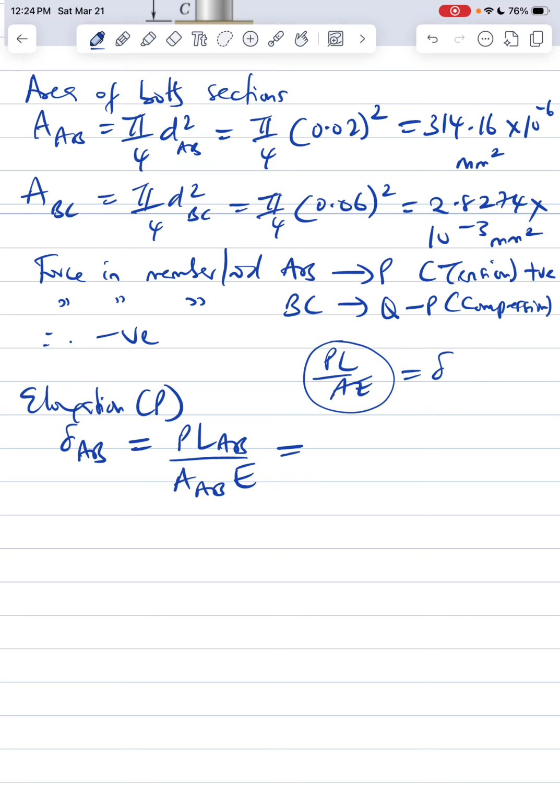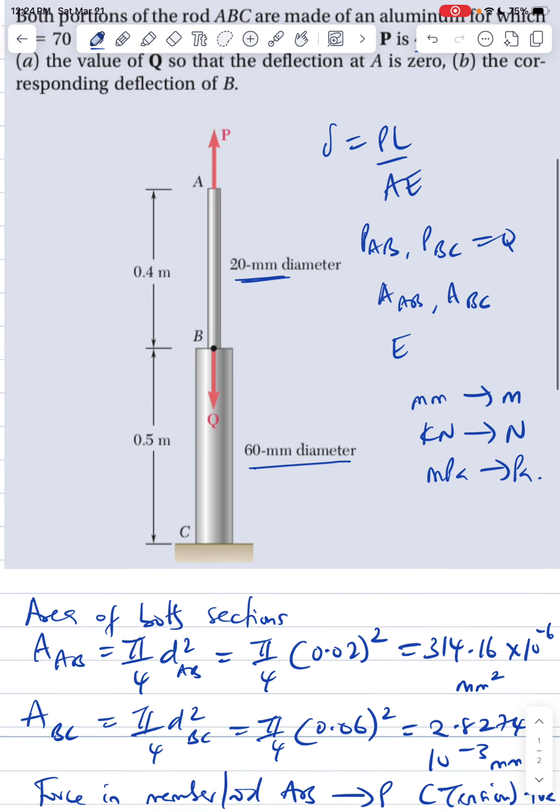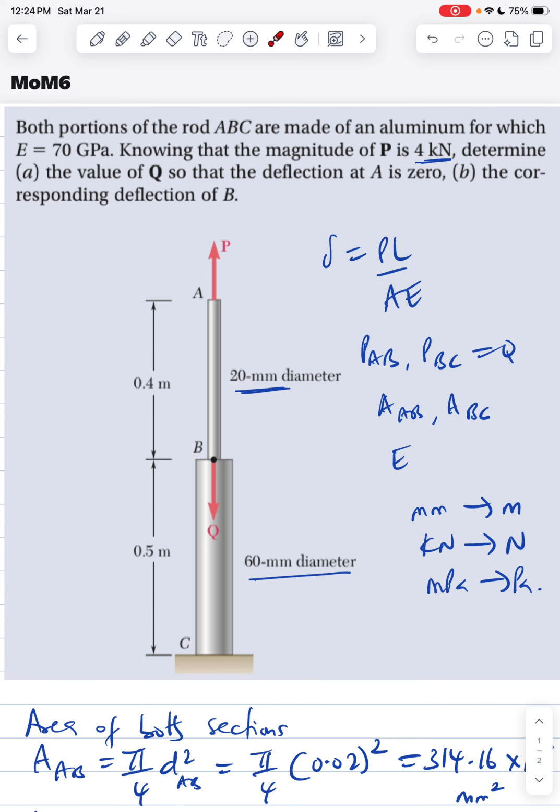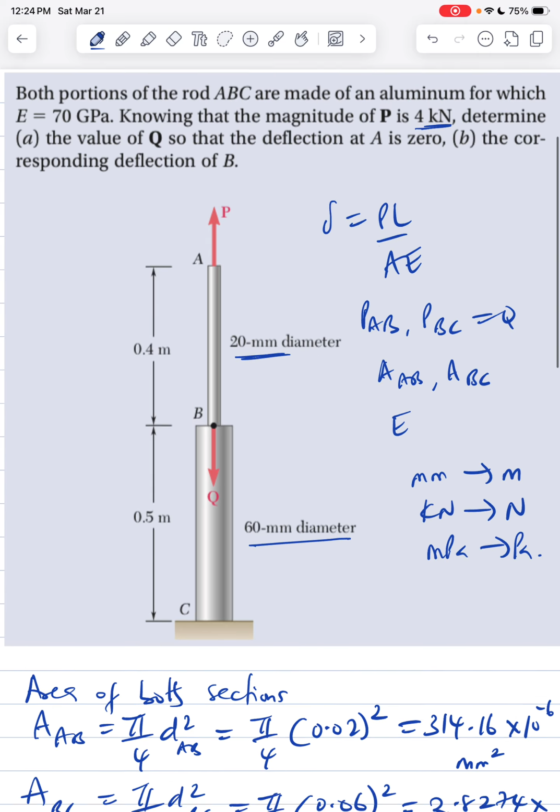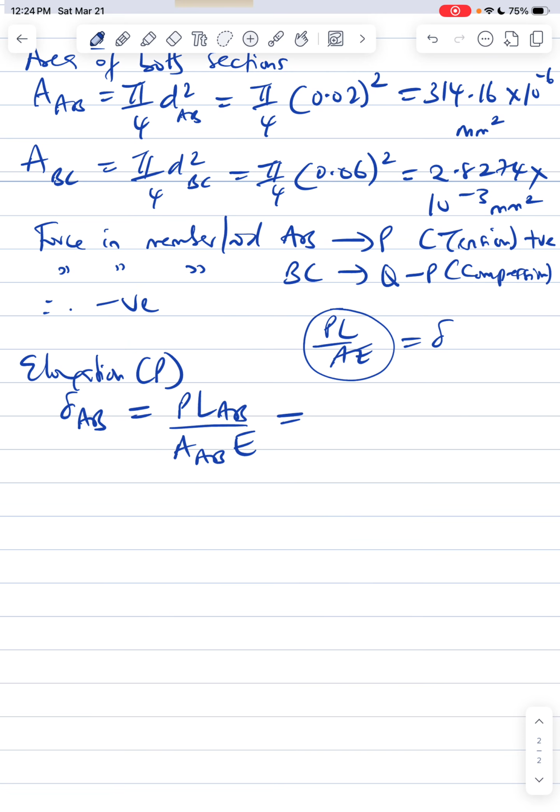Now P, from the question, we were given as 4 kilonewton. Converting that to newton, that becomes 4 times 10 raised to the power 3 newton. The length is 0.4.